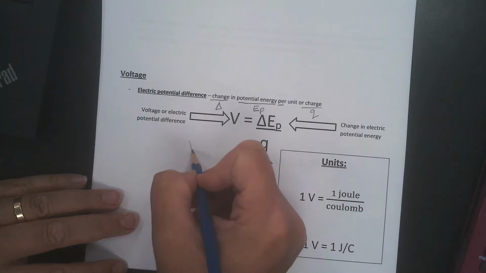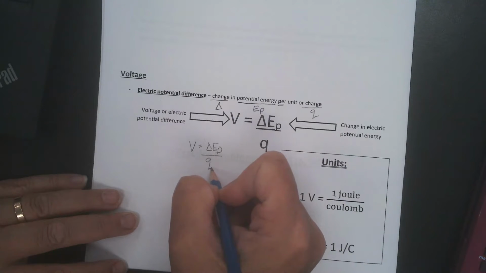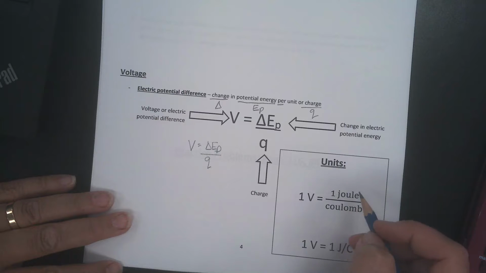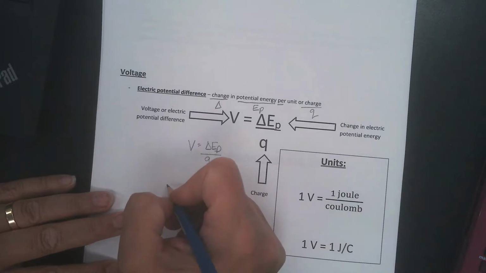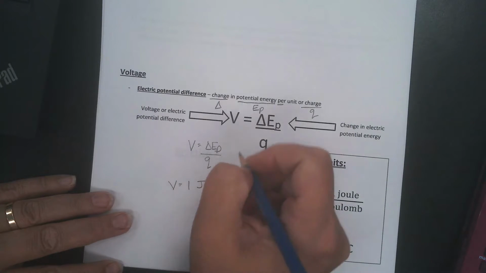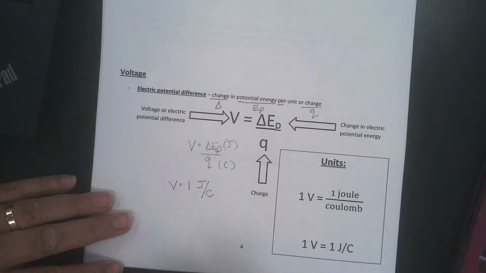That's where we get V is equal to delta EP over Q. Okay? Volts are measured in joules per coulomb, so 1 volt is equal to 1 joule per coulomb.